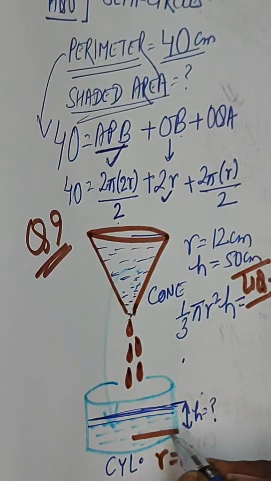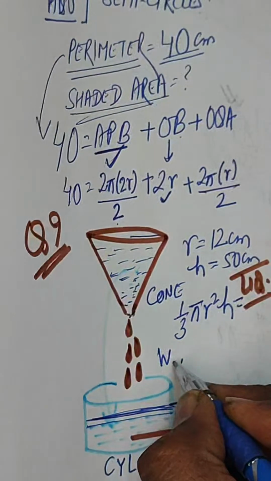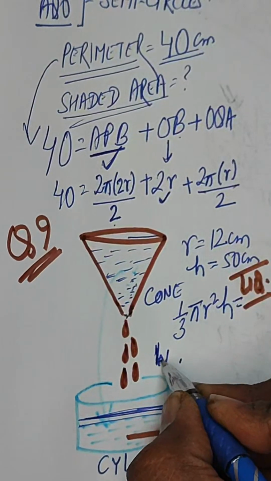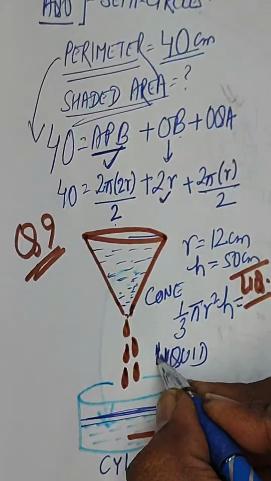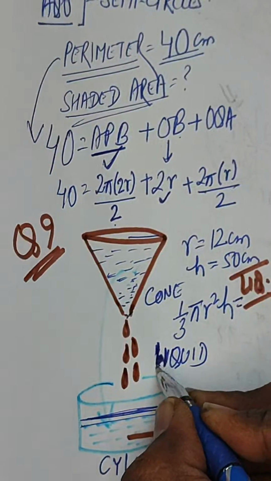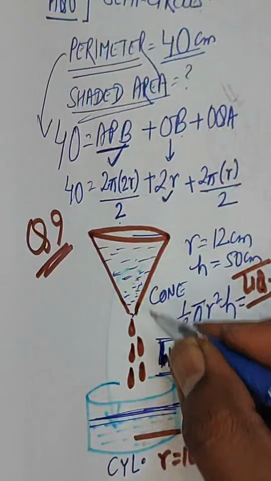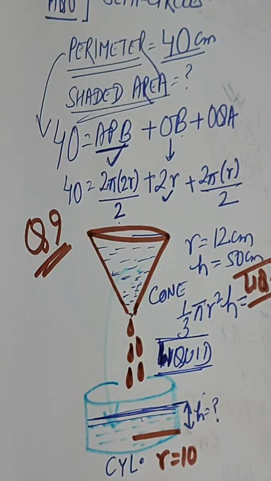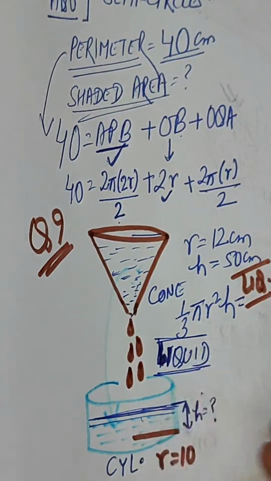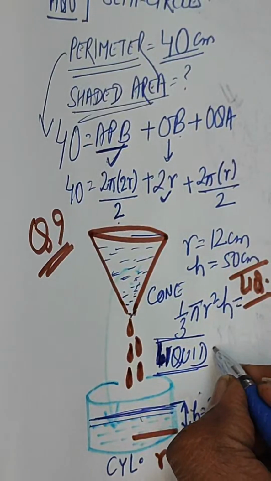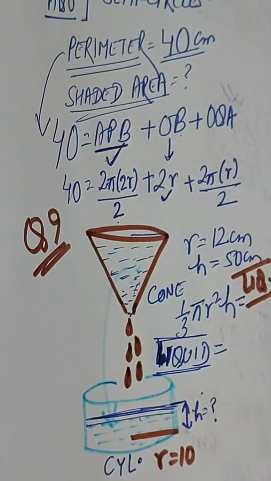Now the volume of the liquid which is transferred from cone to cylinder is equal to the volume of the liquid content in the cone.